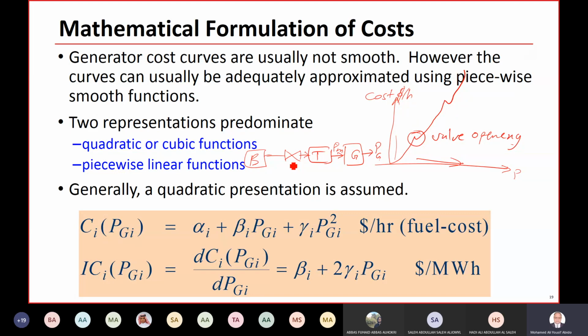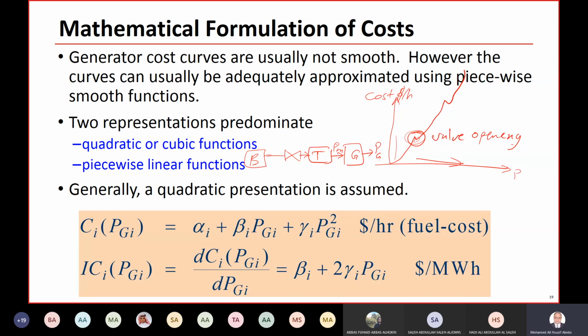This is a mechanical device, and the time constant may be long, and this could happen in the cost curve. It could be represented as a sine wave, a non-linearity embedded in the curve, reflecting the valve opening. So it is not necessarily a smooth curve.